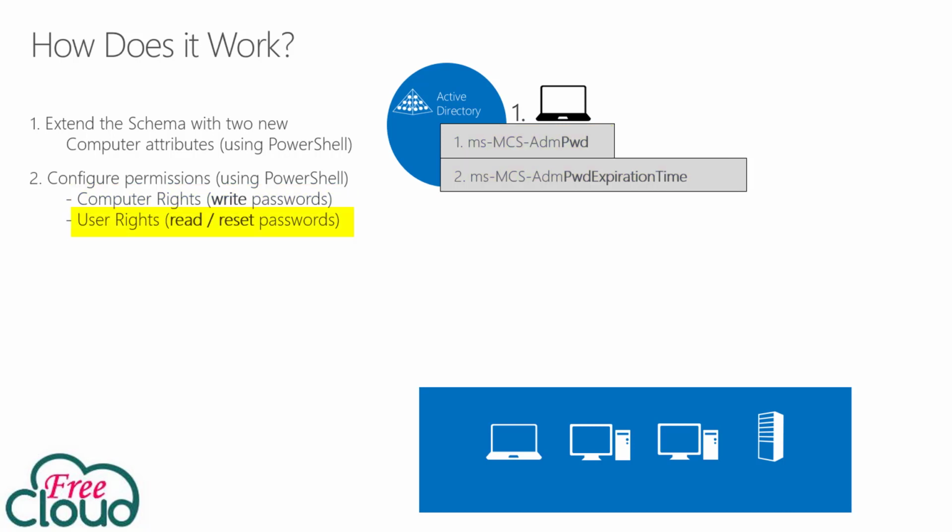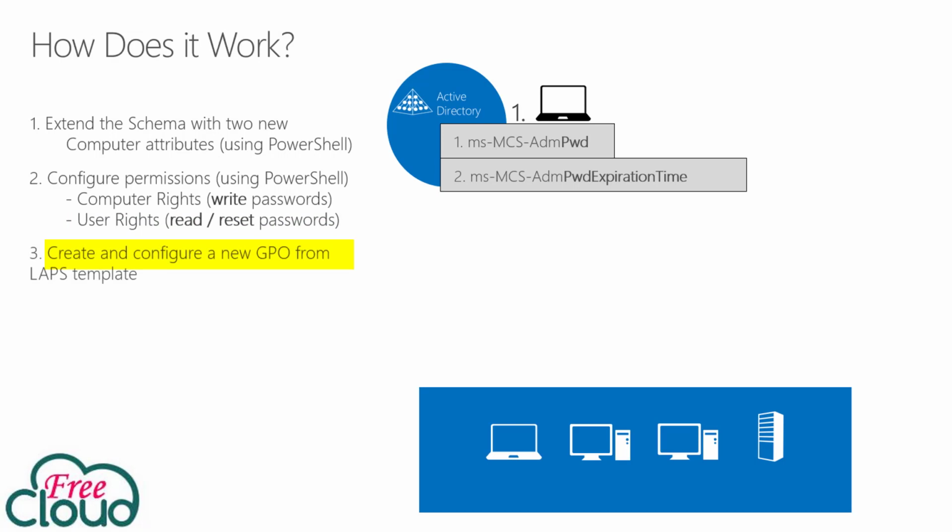Then read rights for user accounts or groups: read permission on the ms-Mcs-AdmPwd attribute of the computer accounts to groups or users that will be allowed to read the stored password of the managed local administrator account on managed computers. And write permission on the ms-Mcs-AdmPwdExpirationTime attribute of the computer accounts to groups or users that will be allowed to force a password reset for the managed local administrator account on managed computers.